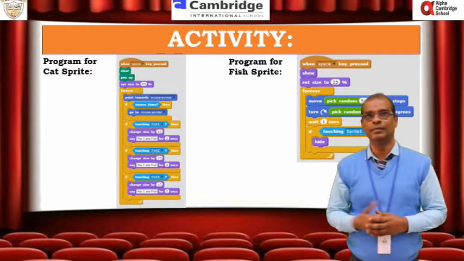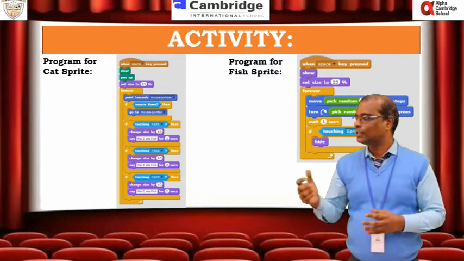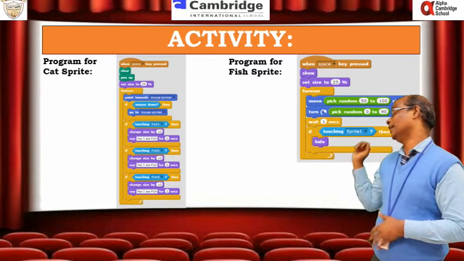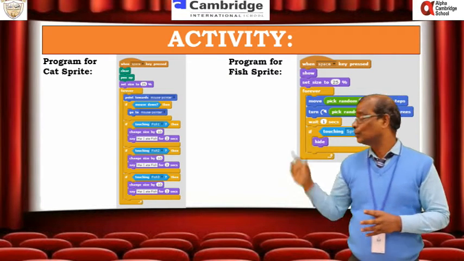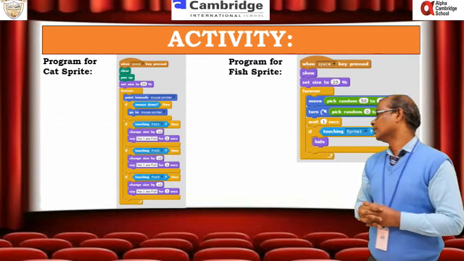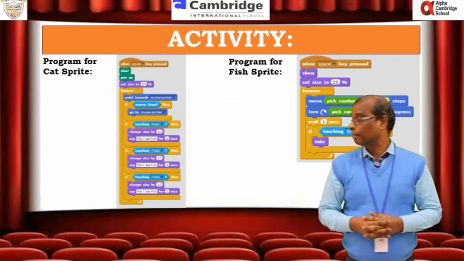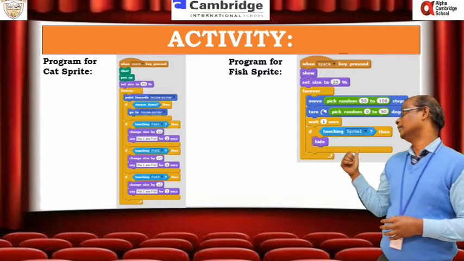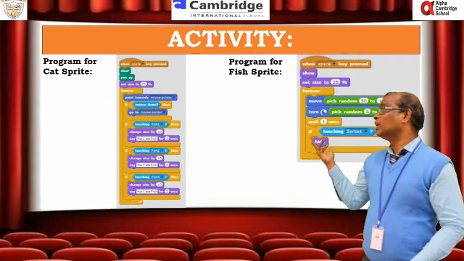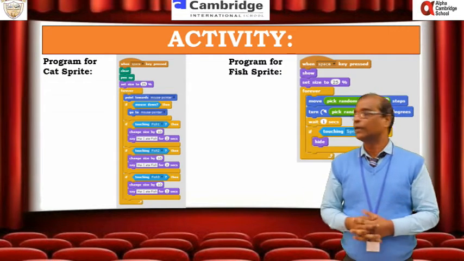What about the next one? That is turn right. Once again, pick random. Here some values are there, 0 to 90. Pick random 0 to 90 will return any random number in between 0 to 90. That means turn right 0 to 90, any one number. It may be a 45, it may be a 35.